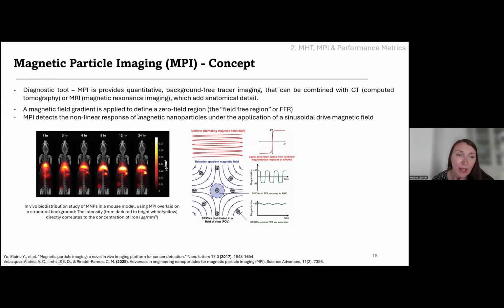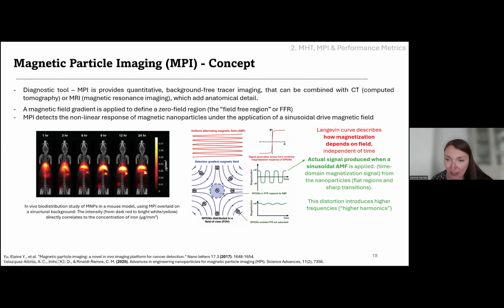And a magnetic field gradient is applied to produce the image, okay? To define first a zero field region. Then MPI detects the nonlinear response of the magnetic nanoparticles under the application of a sinusoidal drive magnetic field. Here we see the Langevin curve that describes how the magnetization depends on the field, independent of time.